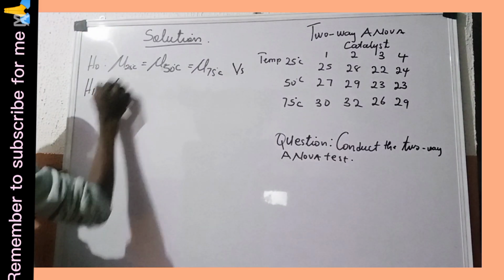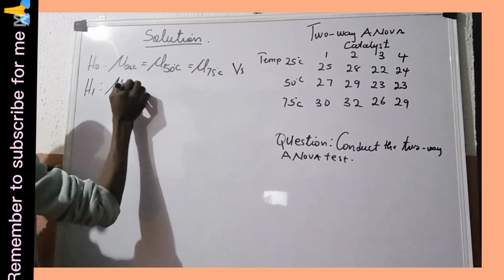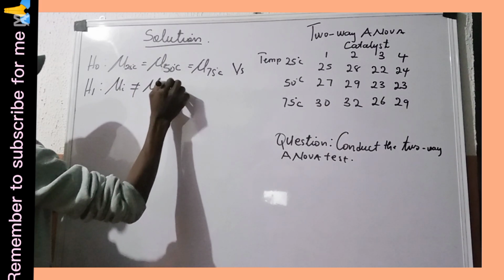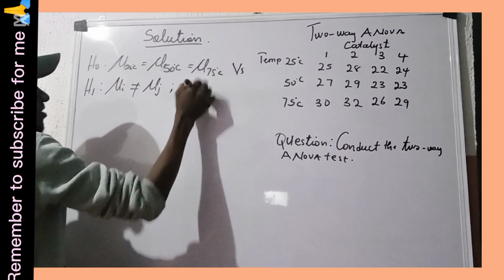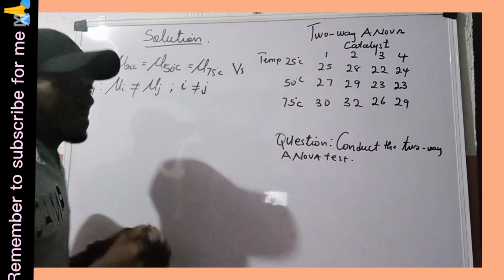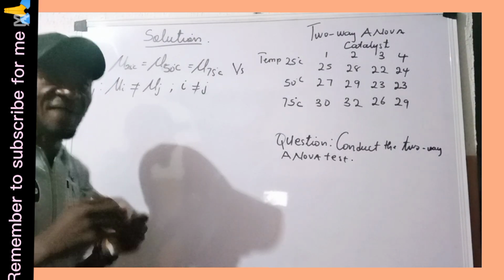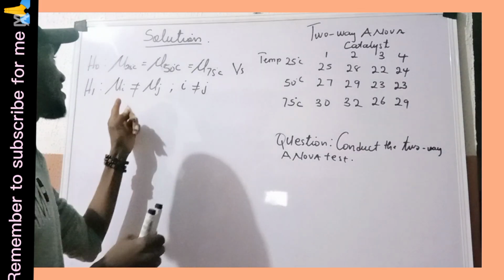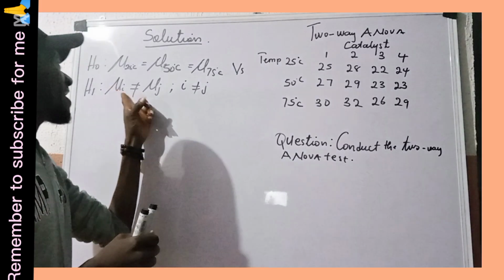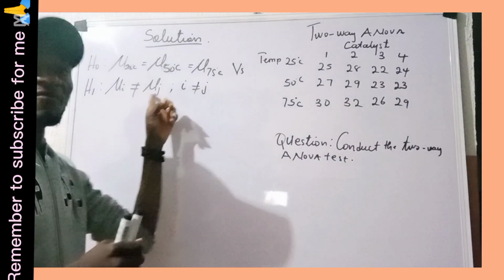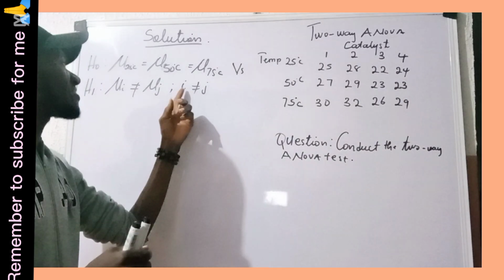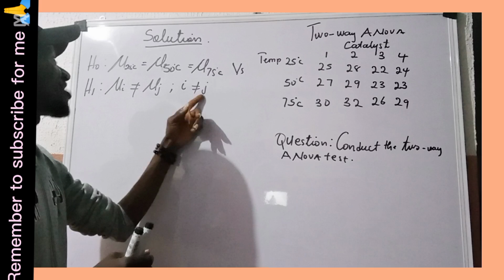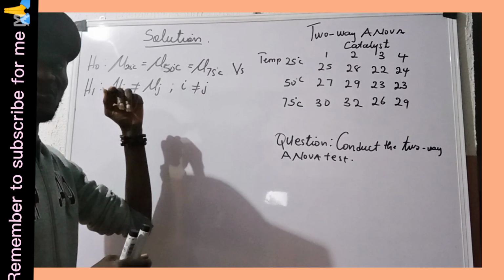Then we have that mu i is not equal to mu j, for i not equal to j. What we mean by this statement is that the mean of a particular level is not equal to the mean of another level, where i can be 25 degrees Celsius and j can be 50 degrees Celsius.